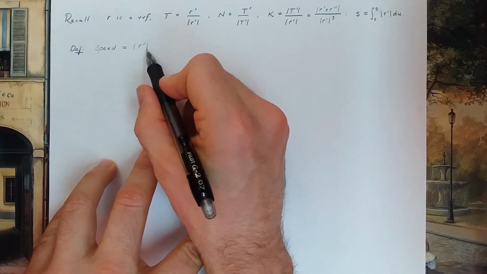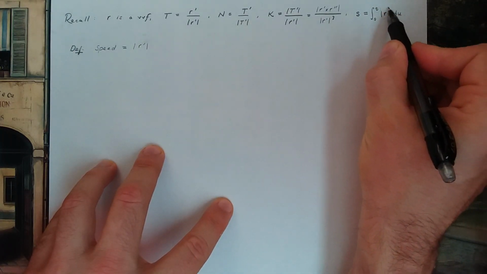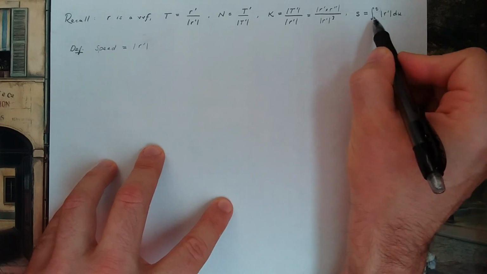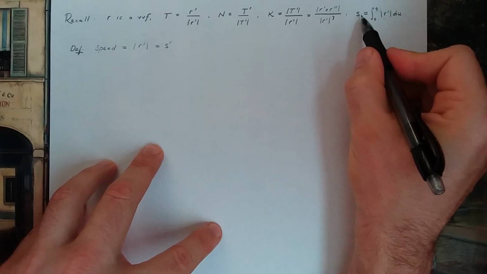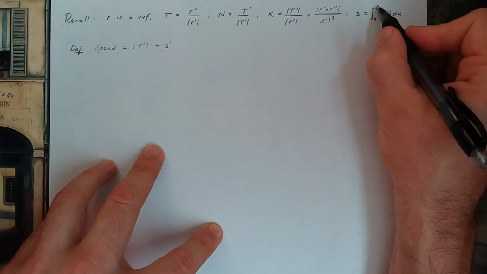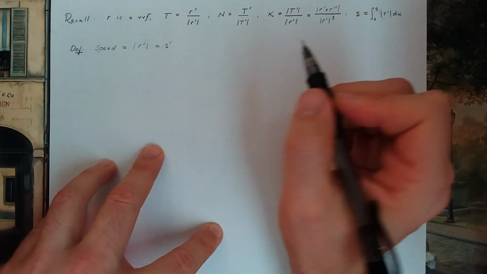At different times, you have different speeds. Speed is really the derivative of this function s I've defined over here. So I could write it as s prime. Simply, the fundamental theorem of calculus tells us derivatives and integrals undo each other, so the derivative of both sides would be the speed.